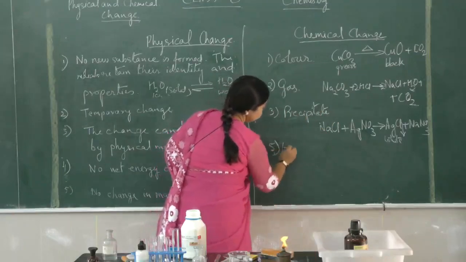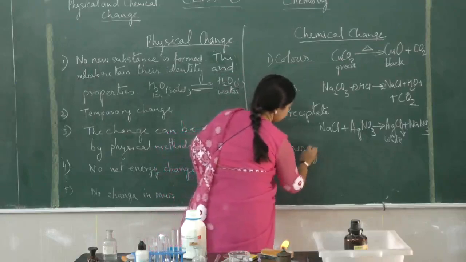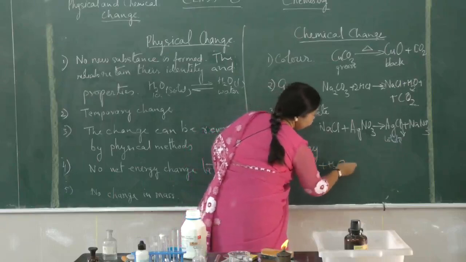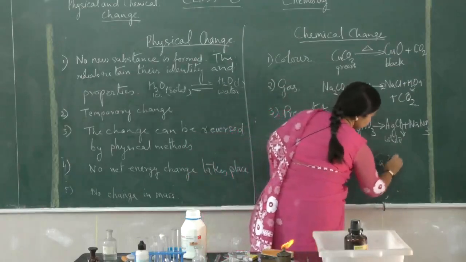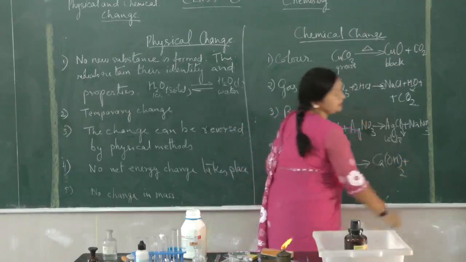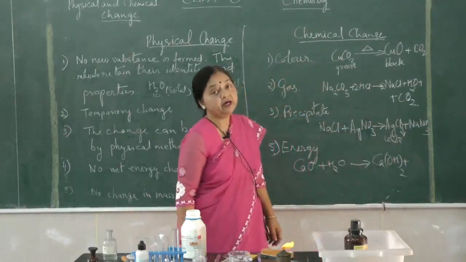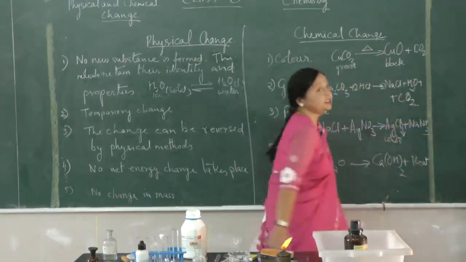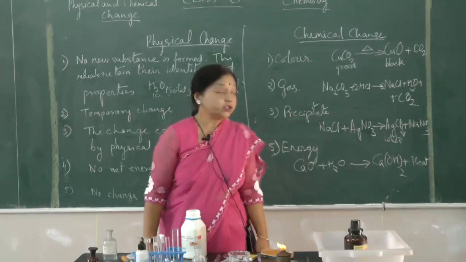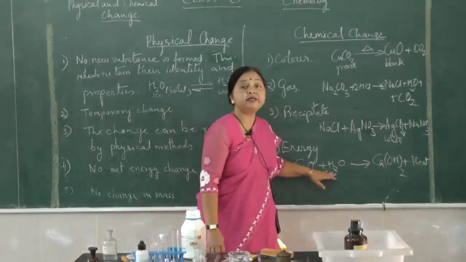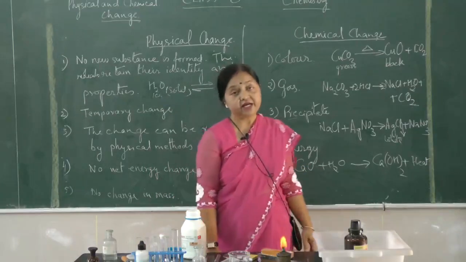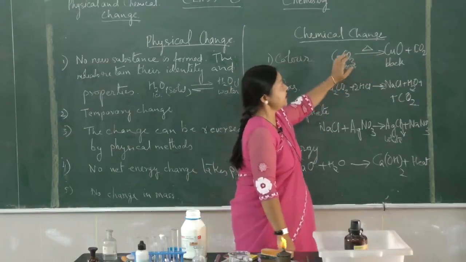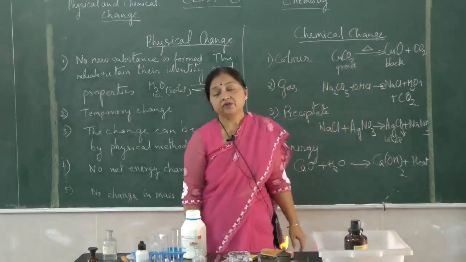Calcium oxide plus H2O forms calcium hydroxide plus a lot of heat energy. You will see that the solution starts boiling. This type of reaction where heat is evolved is called an exothermic reaction, and this type of reaction where heat is absorbed, where the reaction takes place on heating, is called an endothermic reaction.